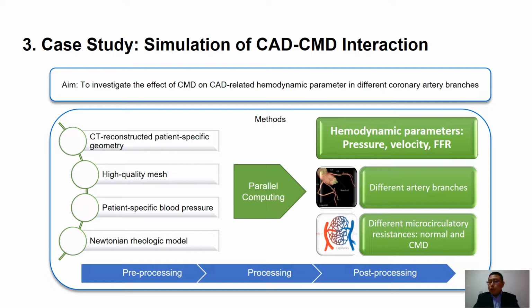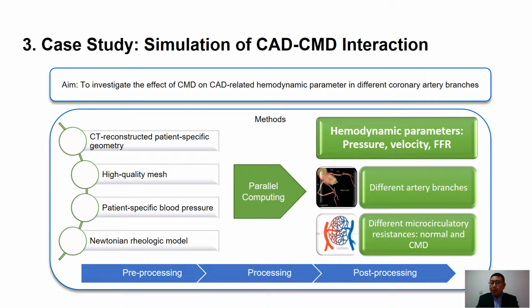So we reconstructed patient-specific geometry from CT images. We generated high-quality mesh and used patient-specific blood pressure as the inlet boundary condition. We also considered the rheological model, which describes the viscosity of the blood in different velocities. We used parallel computing to accelerate the simulation.